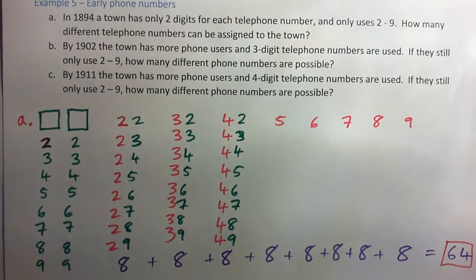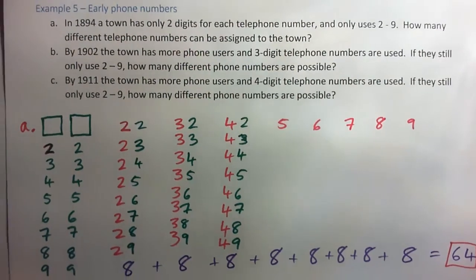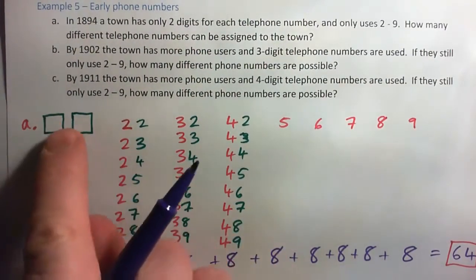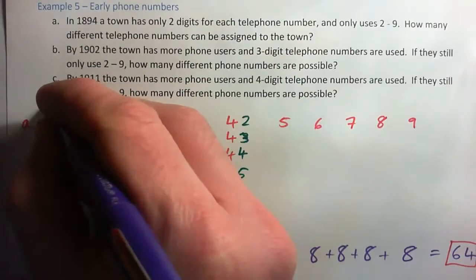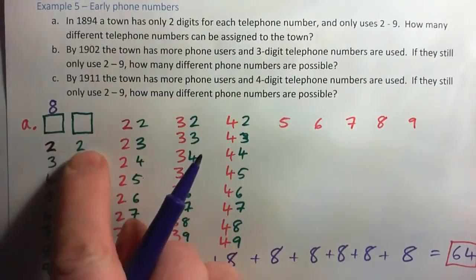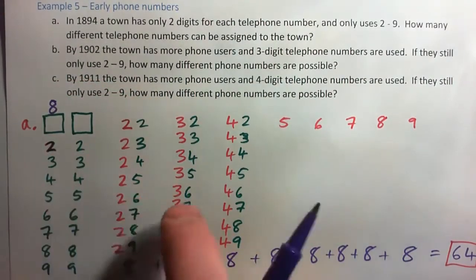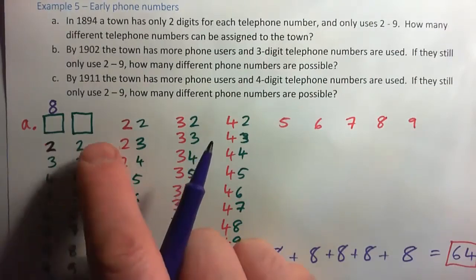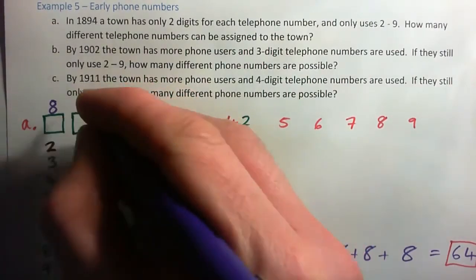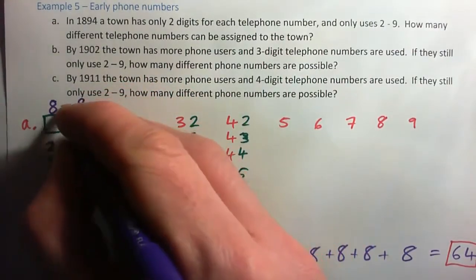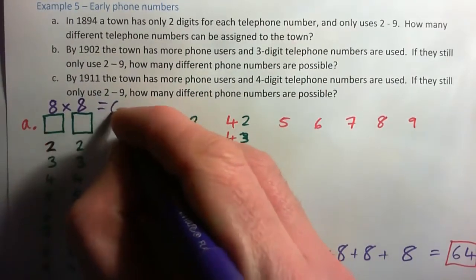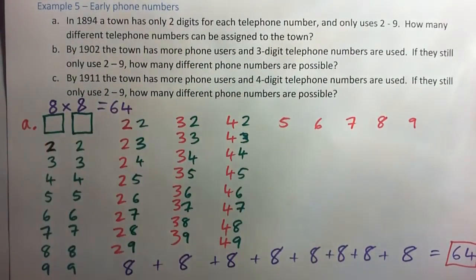But there are 8 possibilities for the first digit, and there are also 8 possibilities for the next digit, because remember 1 and 0 are not included. Then you can actually multiply, because 8 times 8 will give you 64 by multiplying also, won't it? Right?